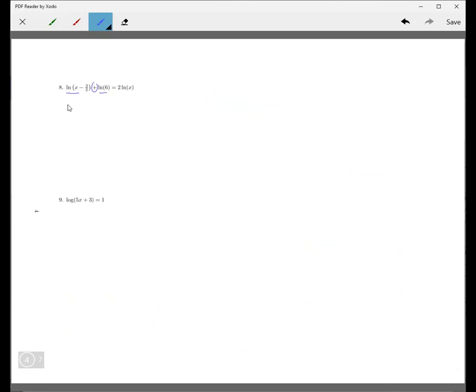But we can combine these together into 1 logarithm, which is the product of this and this. Here we have this 2 that's not good, but this 2 can go up here, like that.